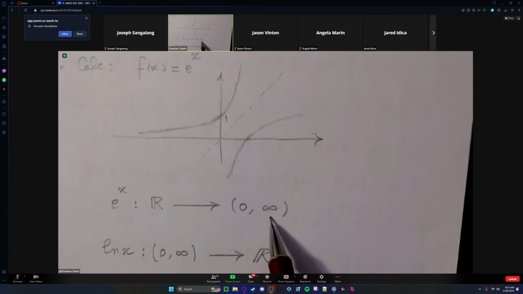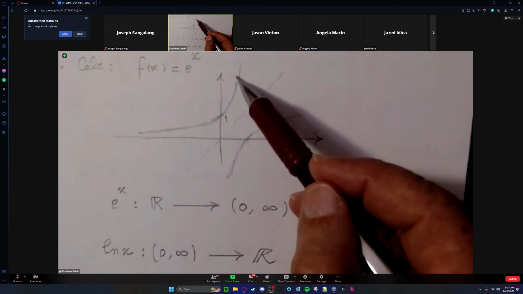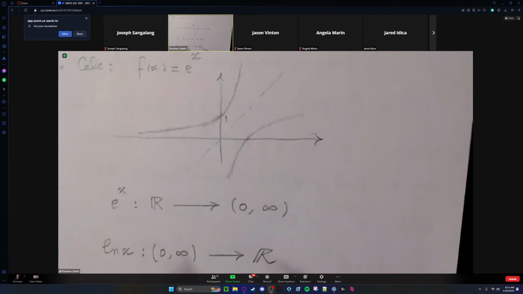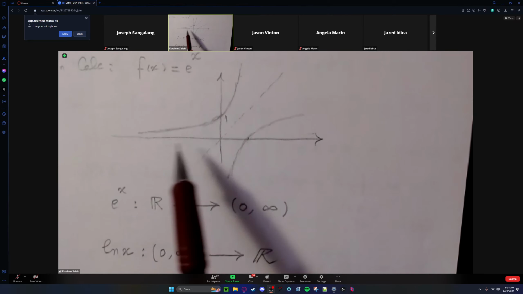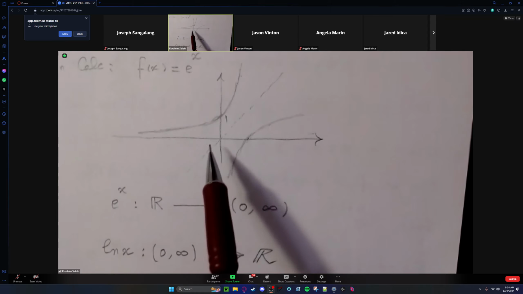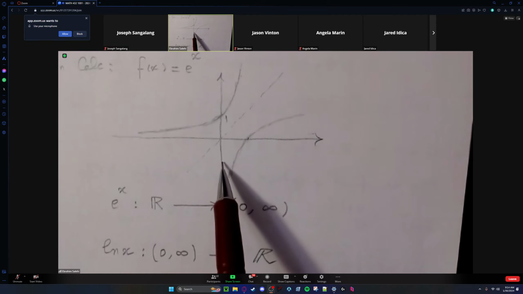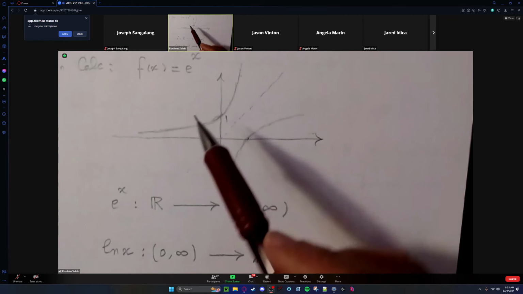How about its range? How about its values? The values mean what portion of the y-axis this curve is going to cover. First of all, e to the x can never be 0 and can never be negative. So it's always positive.